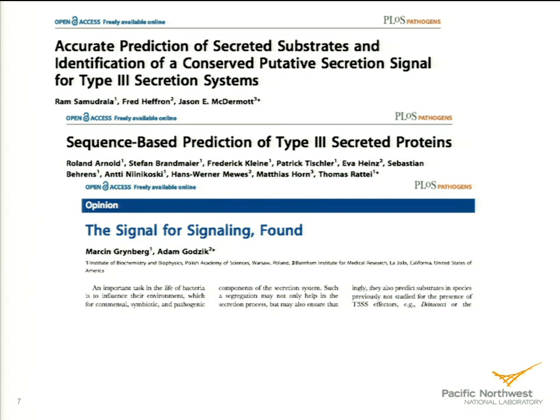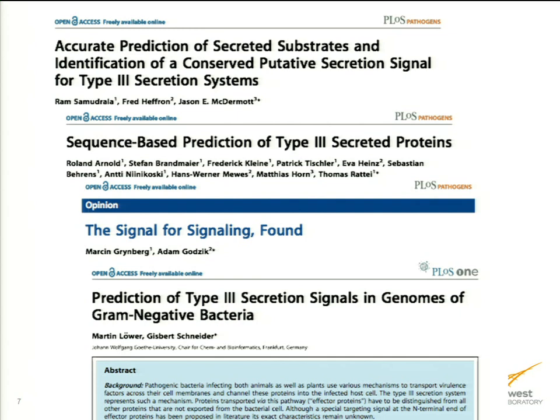And then more surprisingly, last month, there's a third paper. They, again, used a machine learning method to identify type 3 secreted effectors. I have a student right now who is working on evaluating the similarities and differences between all three of these methods, because they have some subtle but important differences in the kinds of training sets they were using and the kinds of features that they were using.